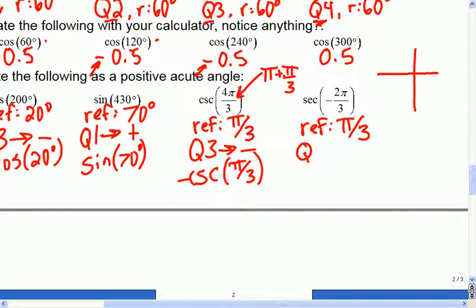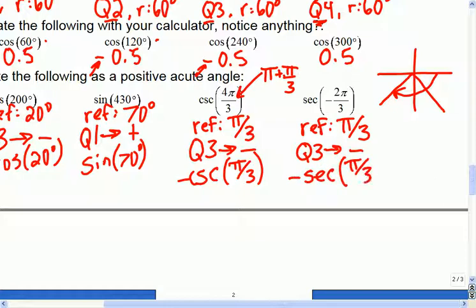Yeah, you're going backwards this time. So here's 1/3, 2/3. So that means I'm going to there, which is a quadrant 3 angle. Secant is a negative, so that means this will be the negative secant of pi over 3 if I was to rewrite it.